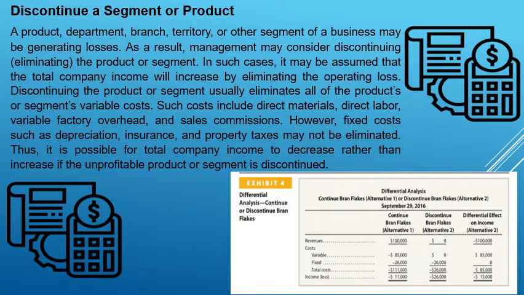We have here in Exhibit 4 an example of differential analysis, whether the company should continue using brand flake under column 1, or if they will no longer use the product under column 2, and the differential effect on income under column 3.